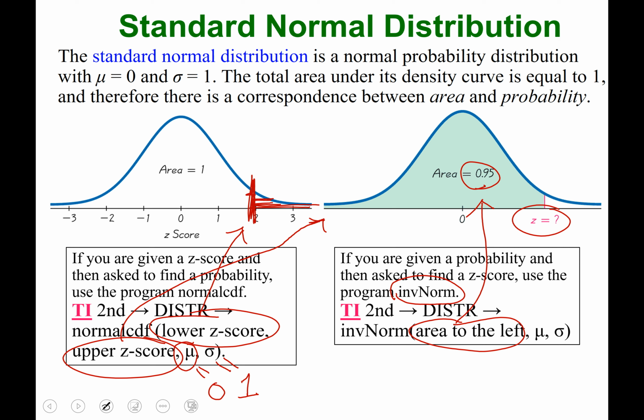Contrary to the area of the right, just want to point that out right now, that the area to the right would be 1 minus 0.95, which would be the 0.05. That is the area to the right of this particular z-score. Mu, which would be 0 if we're talking z-scores, and sigma, which would be 1 if we're talking standard normal distribution z-scores. Let's try some examples.